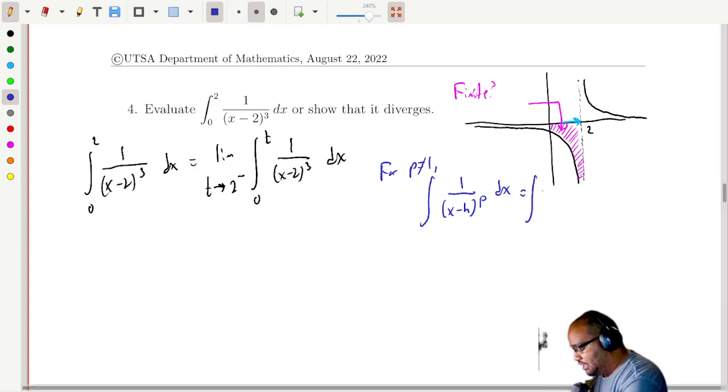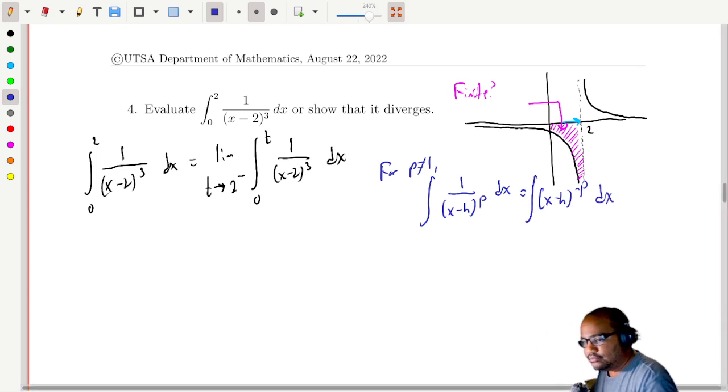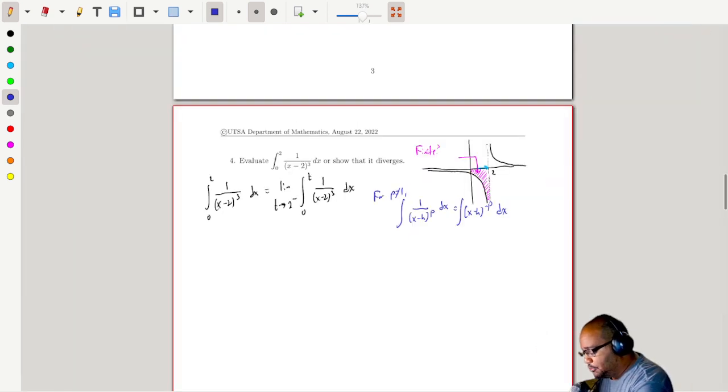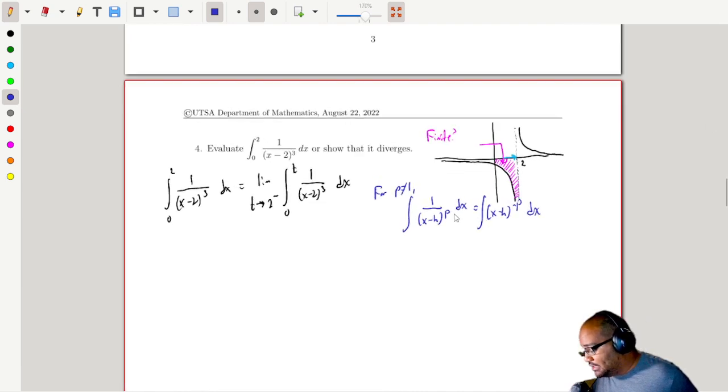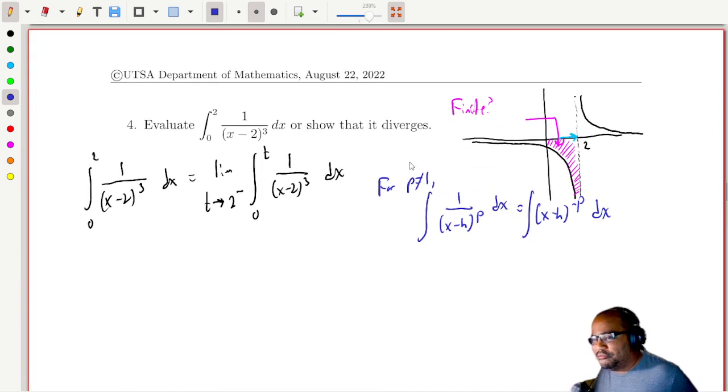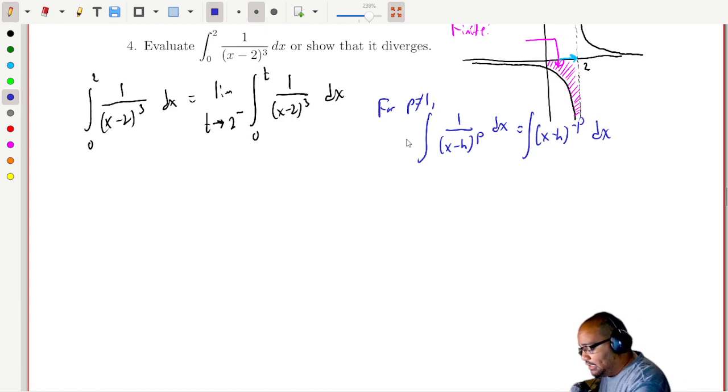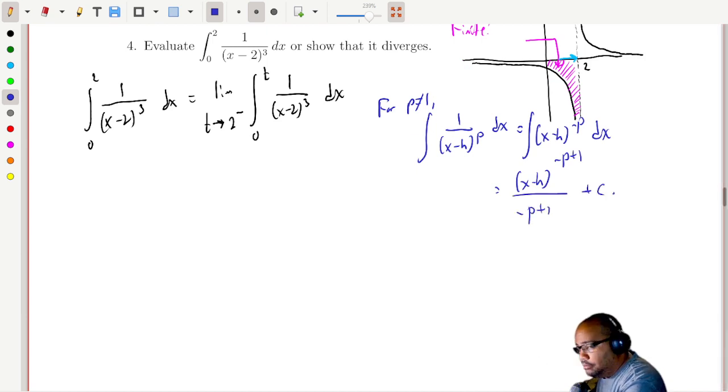We rewrite this as (x minus h) to the minus p, and now we add 1 to the exponent. So we get (x minus h) to the minus p plus 1, over minus p plus 1, plus a constant.